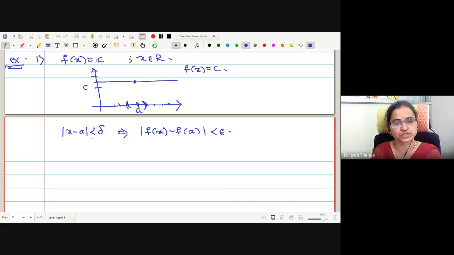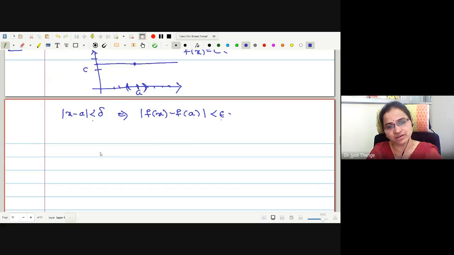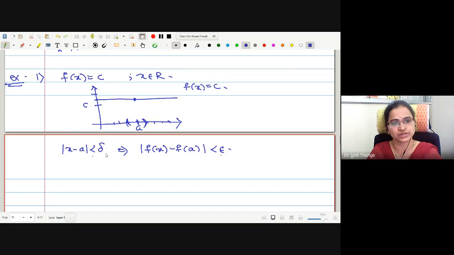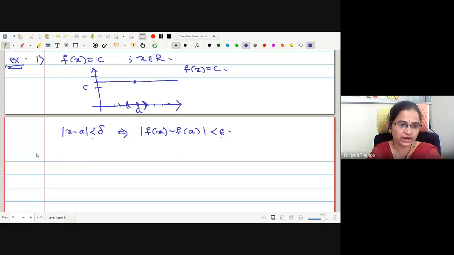It's a constant function, no? Okay, you just think on this, how one can find the relation between the epsilon and delta values.